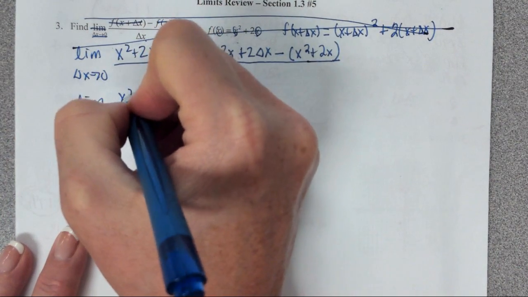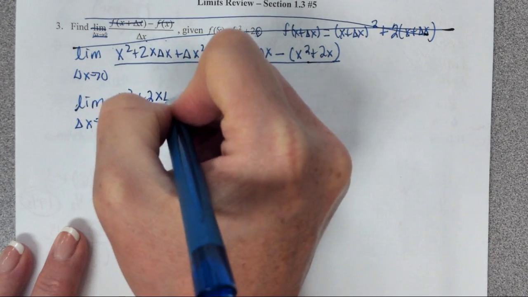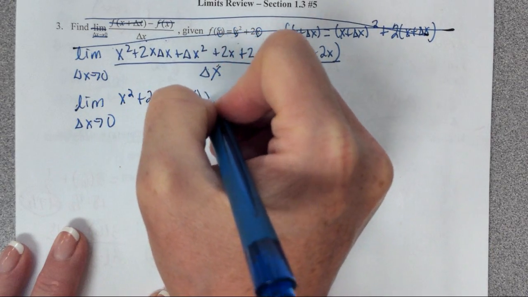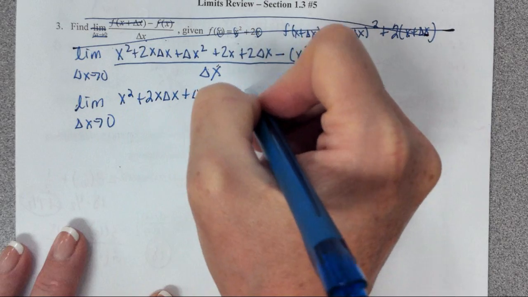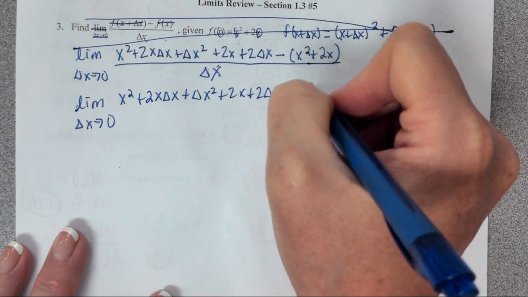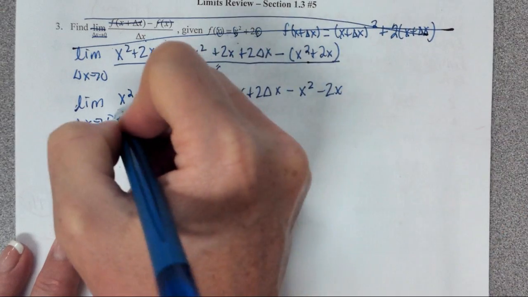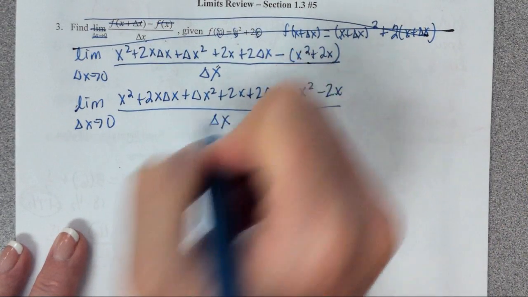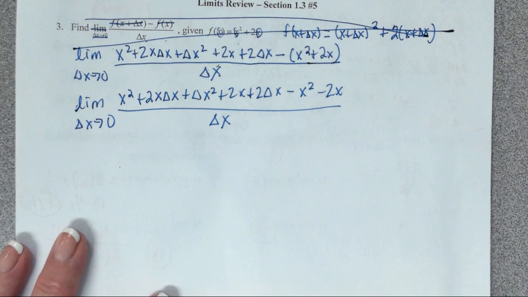So now we're going to have x squared plus 2x delta x plus delta x squared plus 2x plus 2 delta x minus x squared minus 2x all over delta x. Remember what our goal is.